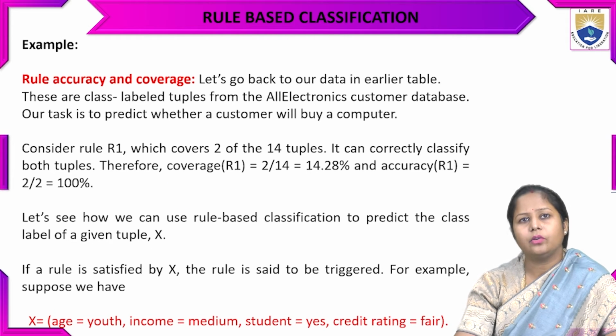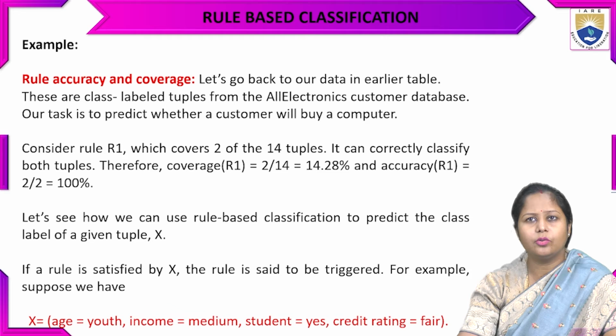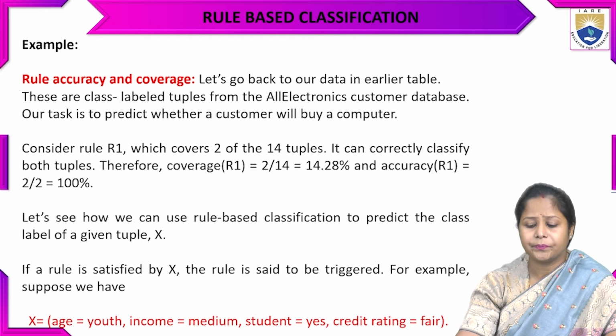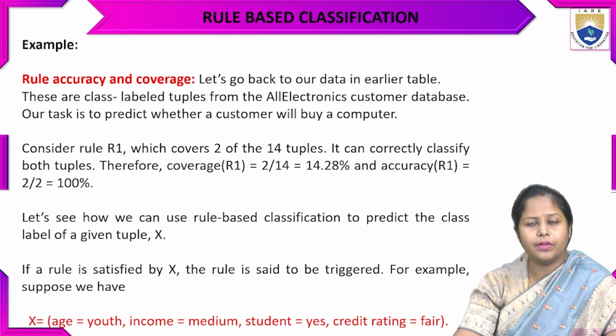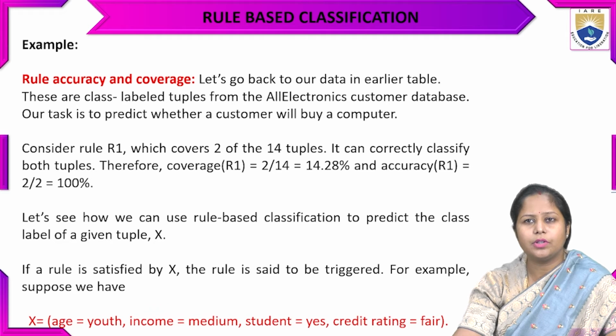For example, for rule accuracy and coverage, let's go back to our data in the earlier table, the AllElectronics table. These are class-labeled tuples from the AllElectronics customer database. Our task is to predict whether a customer will buy a computer. Consider the rule R1, which covers 2 of the 14 tuples.